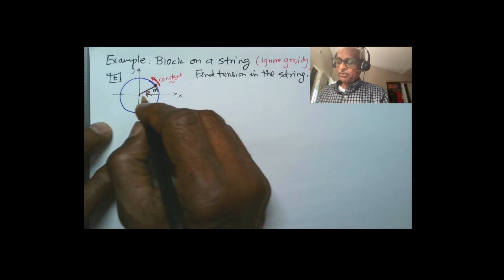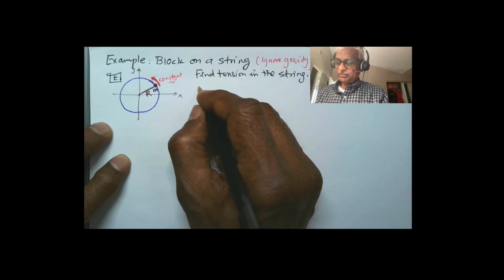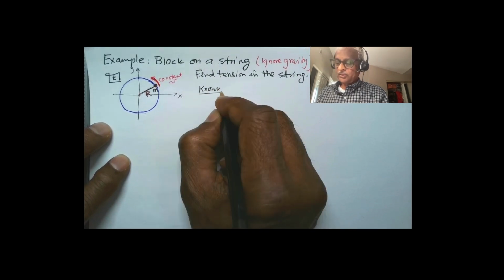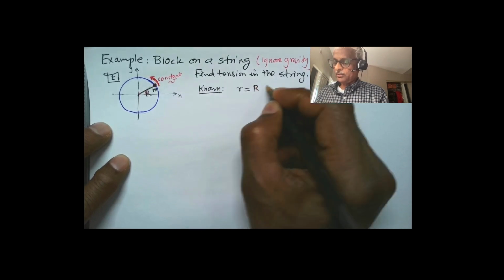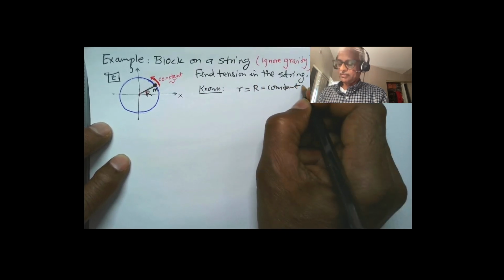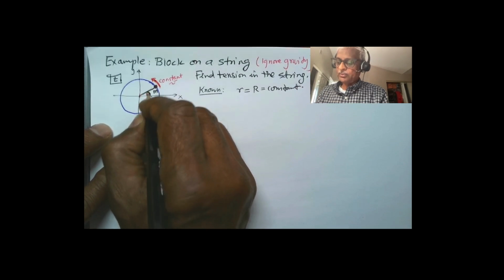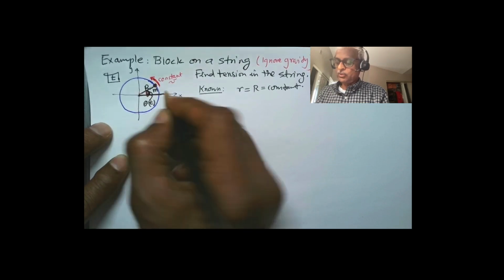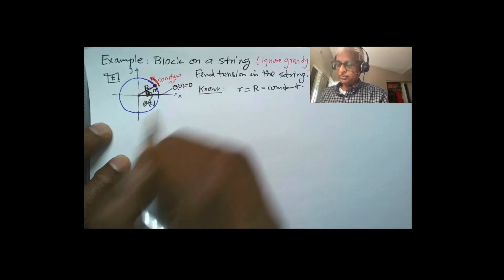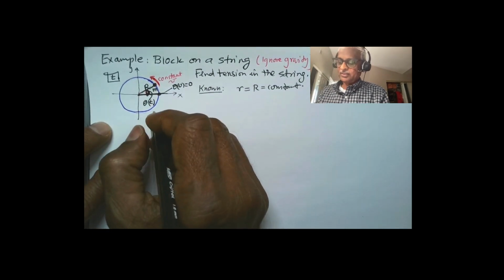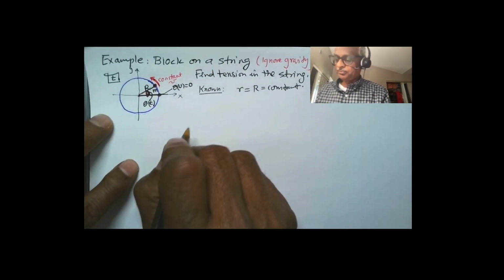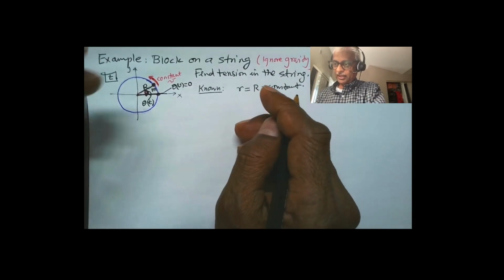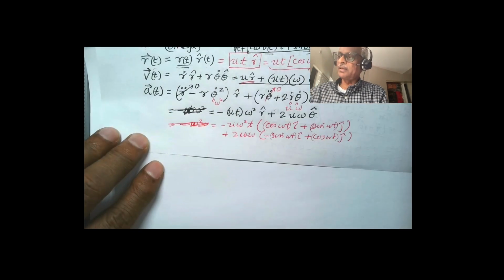So what is known is r equals constant, and this angle we can call theta of t, and we can assume theta at 0 was 0. It was here. So these are known.